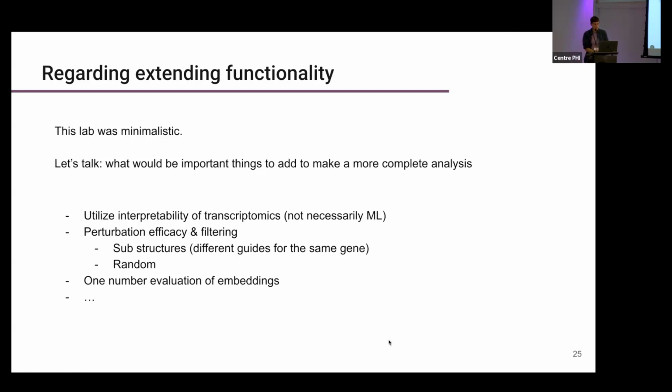So depending upon the major goals of your project in question, you can make a lot of gains by looking at the details of your data and whether a few simple things like filtering, or at least making models that don't just average it all together blindly, can improve things. And yes, definitely the one number evaluation to say how good the embeddings are would help.